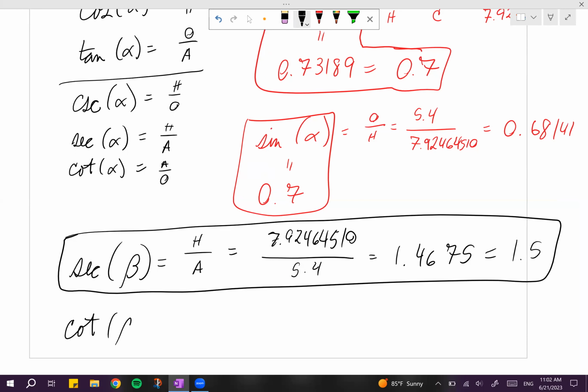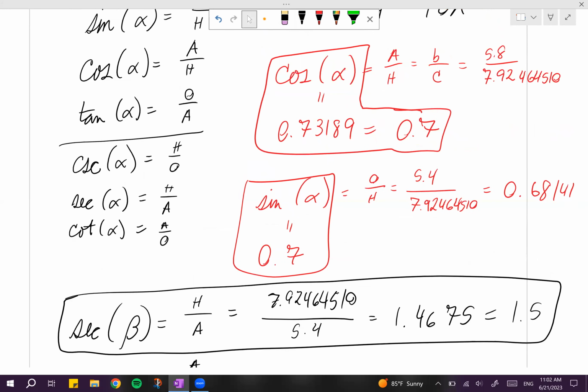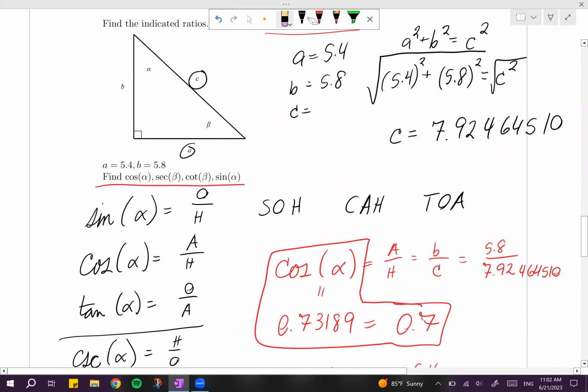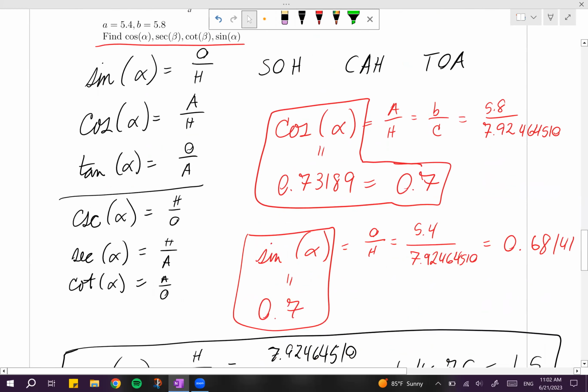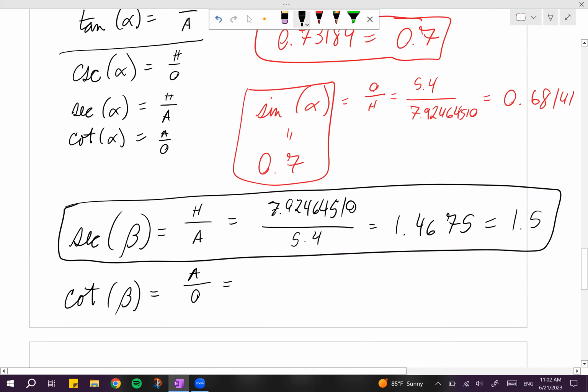Cotangent of beta is adjacent over opposite. Our adjacent side to beta, so beta's right here, our adjacent side is A. Our opposite side is B. Our adjacent side is A, which is 5.4, and our opposite side is B, which is 5.8.